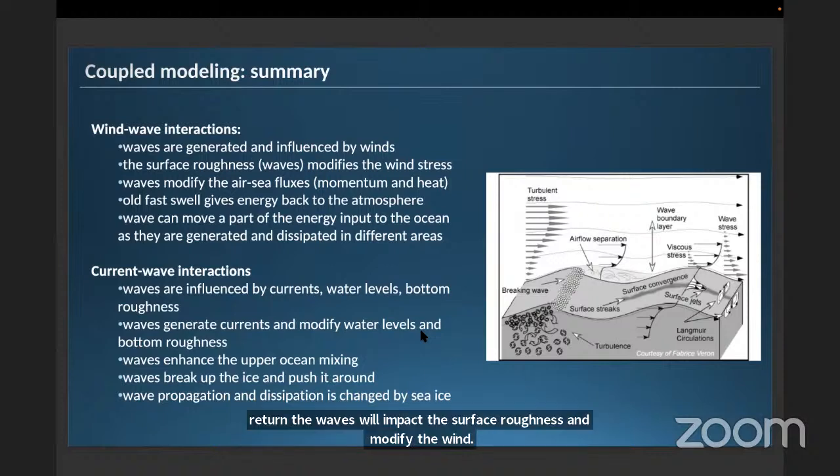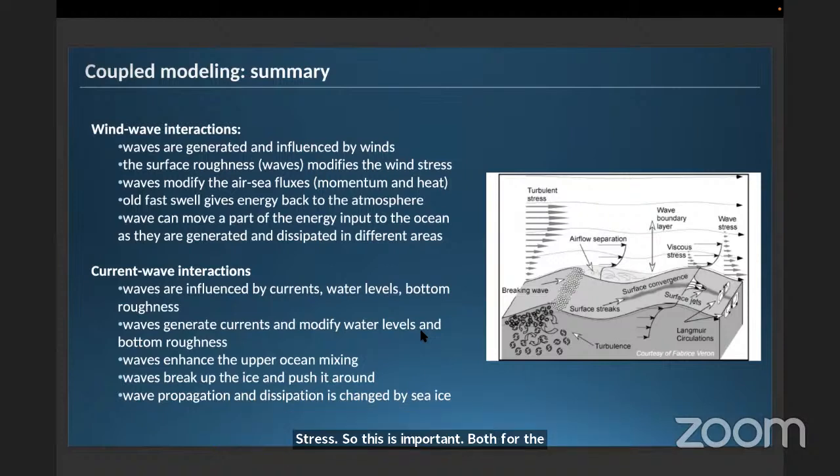So this is important both for the atmosphere, but also for the ocean, because it influences the amount of energy that is transmitted from the atmosphere to the ocean. They also modify the air-sea fluxes, momentum and heat fluxes, and eventually water fluxes, but more on the heat fluxes.